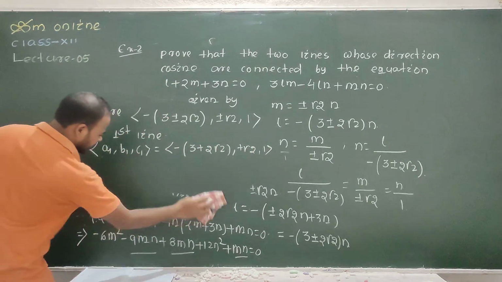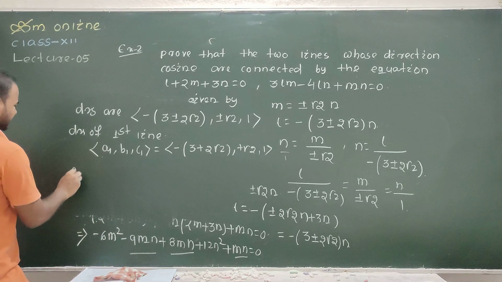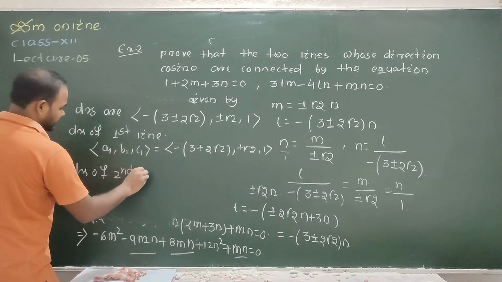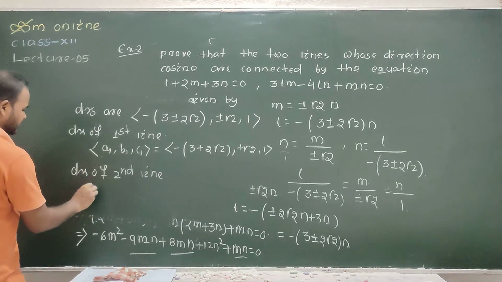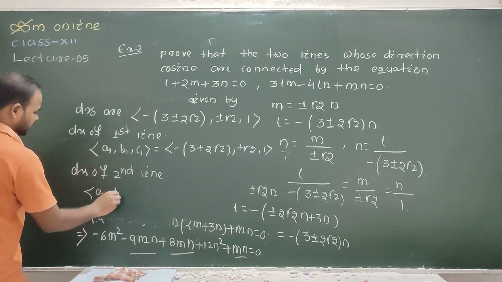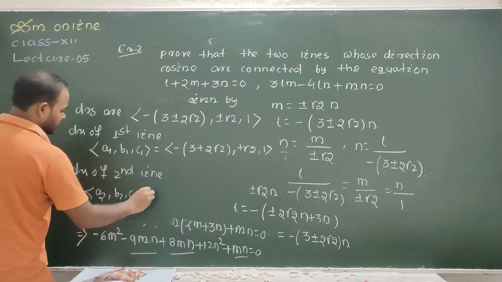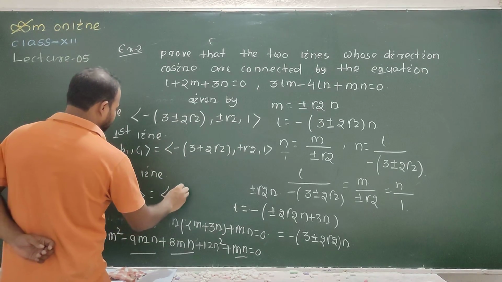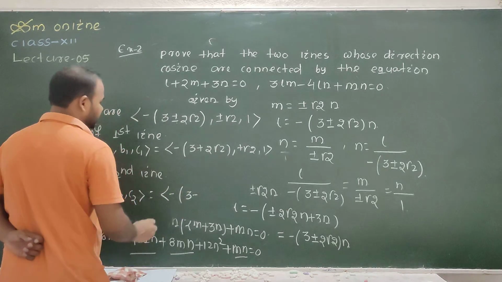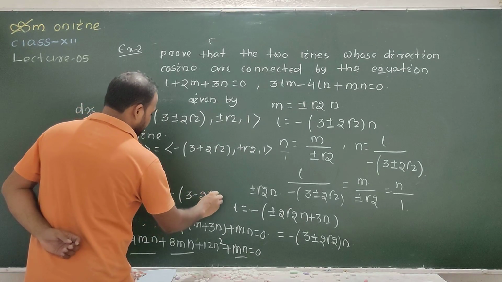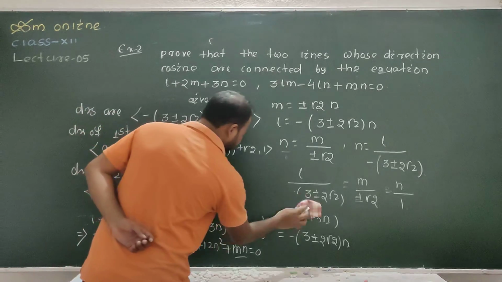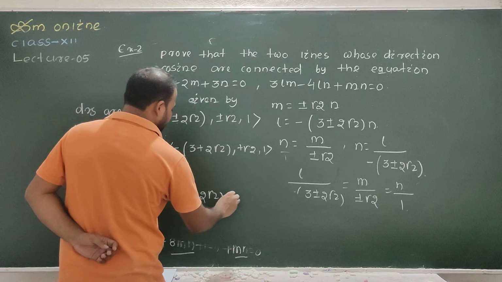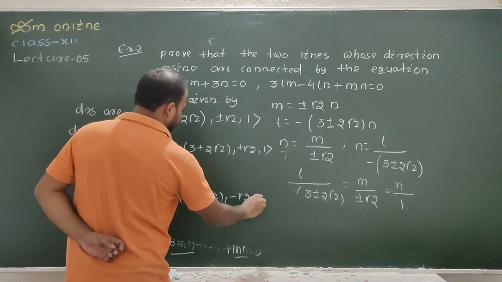Now DRs of the second line. Let A2, B2, C2 equal to, using the minus sign, minus of 3 minus 2 root 2, and then minus root 2 and then 1.